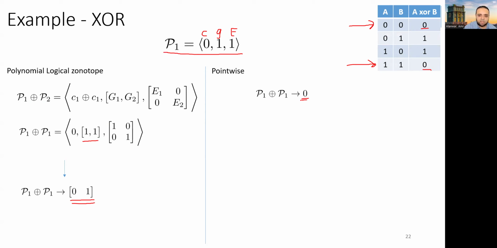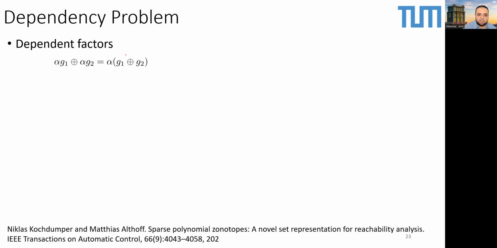This is known in the literature as the dependent or the dependency problem. To solve this, let's take a look and get an idea from the sparse polynomial zonotope in the continuous domain. If you have alpha 1 and alpha 1, the same alpha, and ANDed by two generators, you can take the alpha as common and XOR the generators.